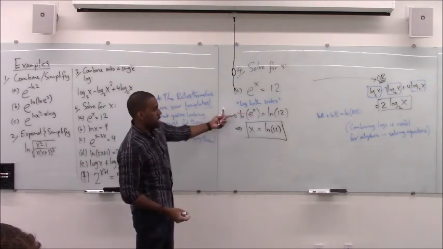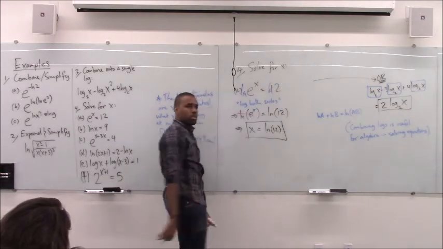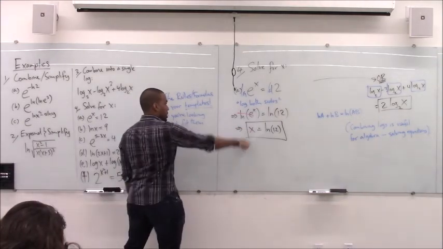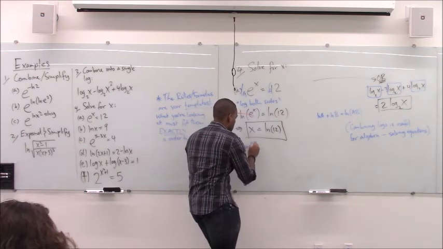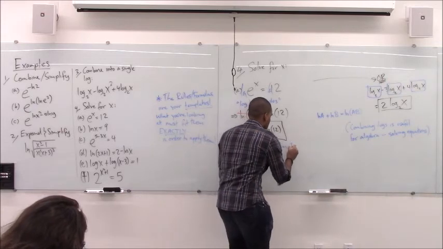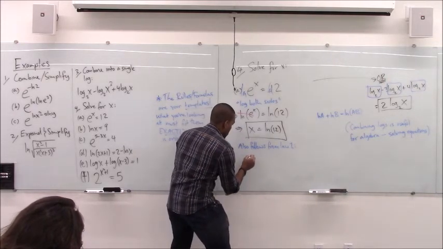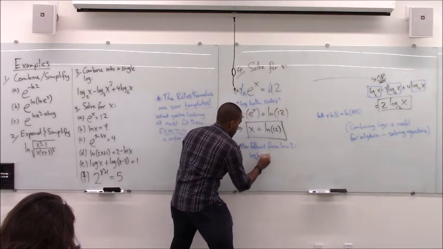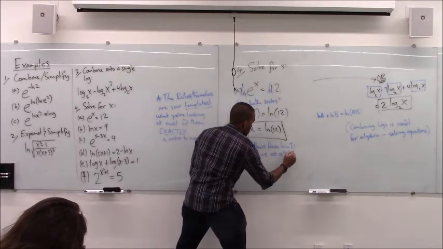Now sometimes I might be lazy, I might not even write this line, I might just write right on top of it, oh, just put an ln. And that's what I mean, I'll just log both of them. And you'll get here. Note one thing you can also notice is that it also follows directly from law 1. Remember law 1 was the one that said, well, if I have log to the base a of b equals c, then that means a raised to the c equals b.